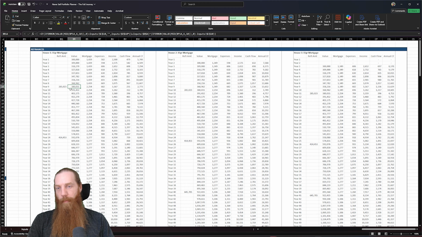Or you can refi it, pull out your equity as cash, up to that 75. I think we were doing 75 or 70%. I don't remember what we did for the first refi, but 70 or 75% LTV. So you're taking out that equity up to that limit in cash. You're gaining 6 grand a month from that refi. And then the following year, guess what?